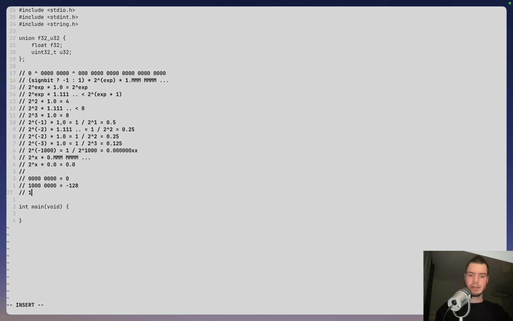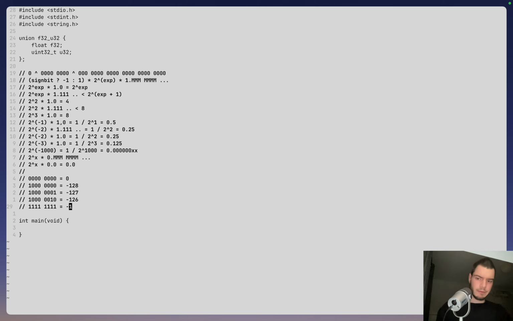Now, if you have this bit set to 1, you would get minus 127. And you just count up like this, as you would with the positive side of this number. So this is minus 126, and so on. Which means the value minus 1 would be represented as all ones.